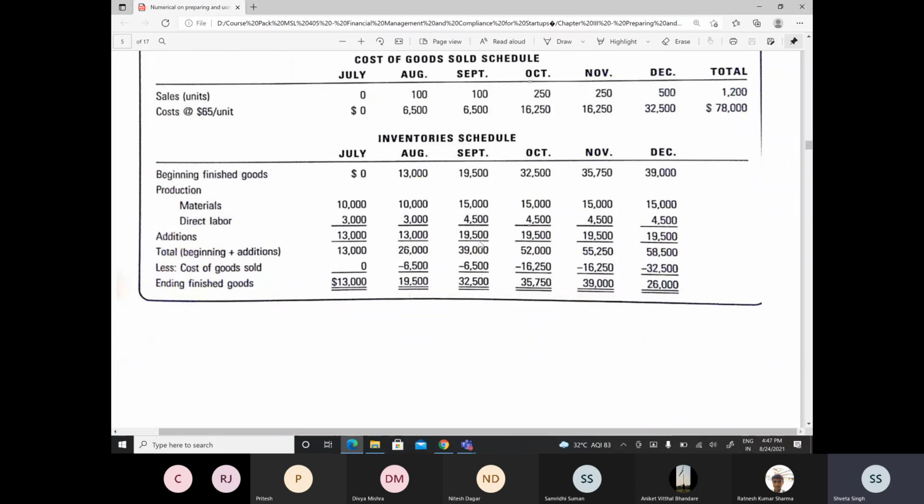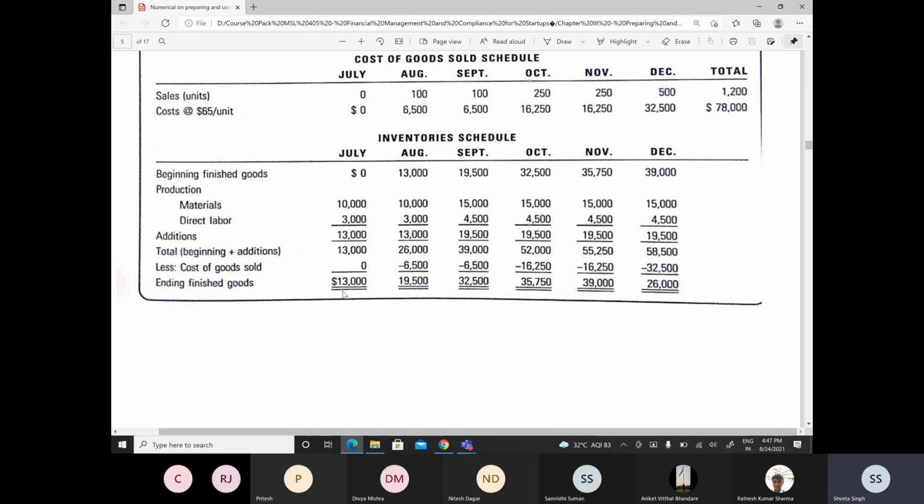Now we create the inventory schedule for each of the months. In July, we had no opening inventory. We produced 13,000 worth of scanners. So we had total inventory of 13,000, and we did not sell anything. So this became the closing inventory for July.